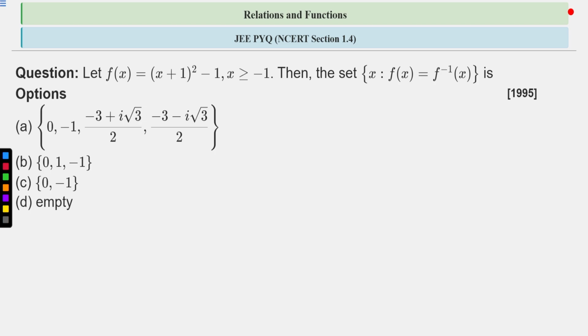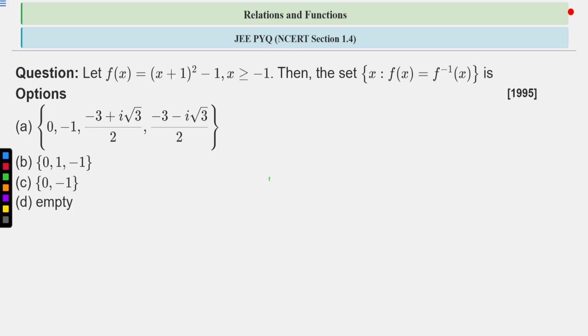So what we need to do here is first find f inverse x and equate f(x) to f inverse x. f(x) is given. If we find f inverse x, then we can easily equate f(x) and f inverse x to get the value of x. Clear? And how can you find f inverse x?